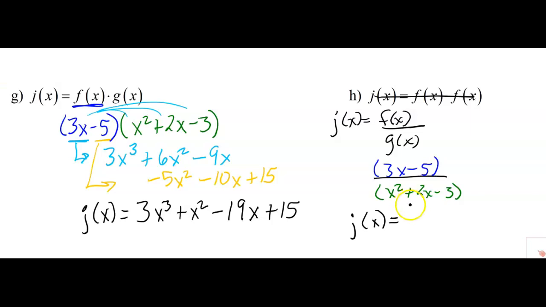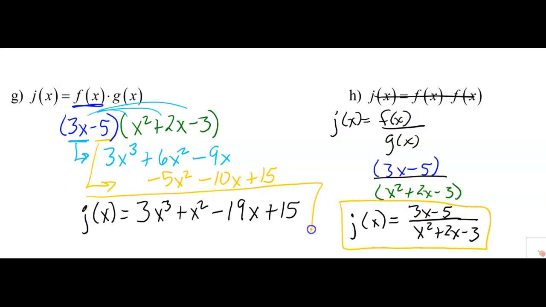So my final answer is 3x minus 5 over x squared plus 2x minus 3. And then I forgot to box that one. So there's my first answer of multiplying and my second answer of division.